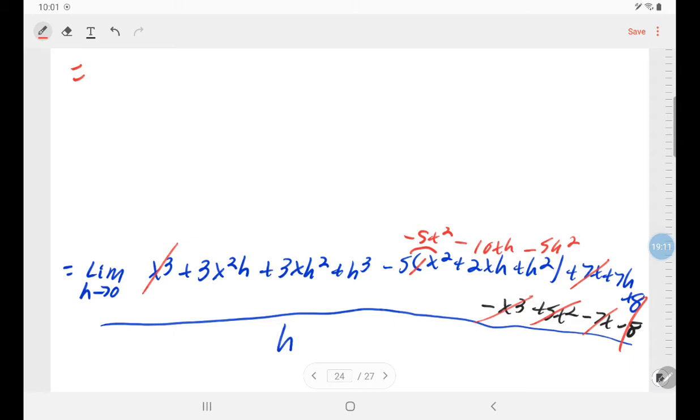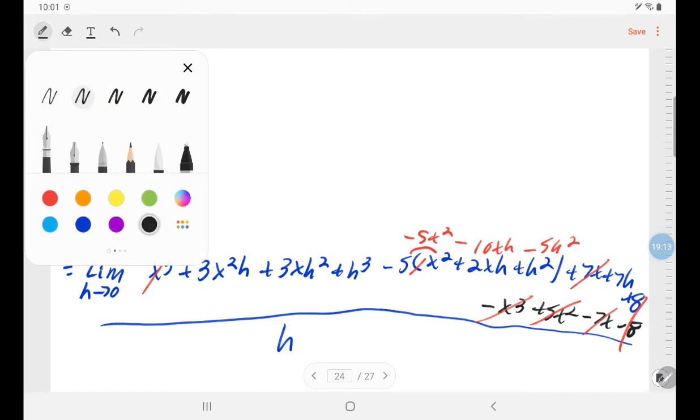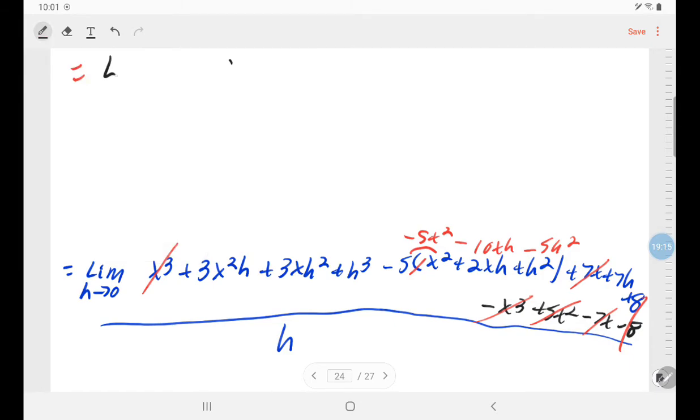So that's going to give me the limit as h approaches 0. Let's see what didn't cancel. Well, I'm left with a 3x squared h plus a 3xh squared plus h cubed.